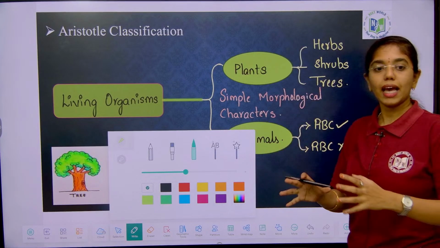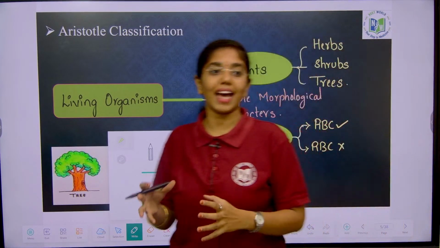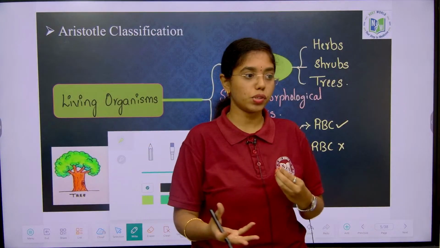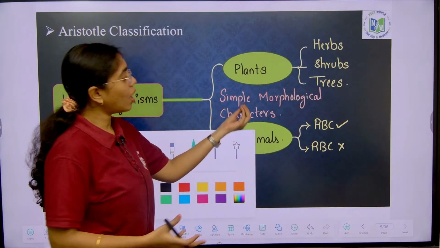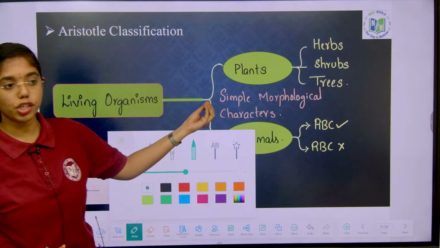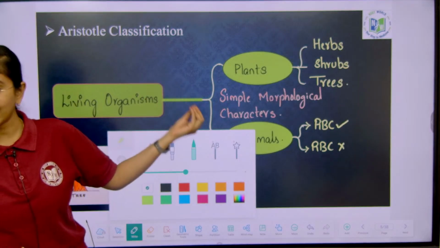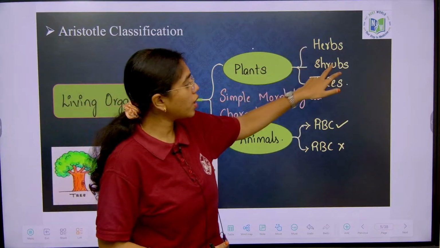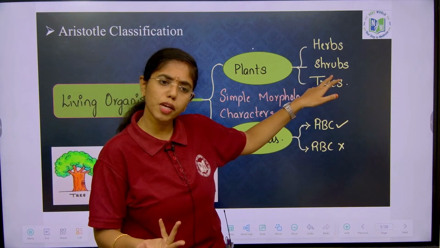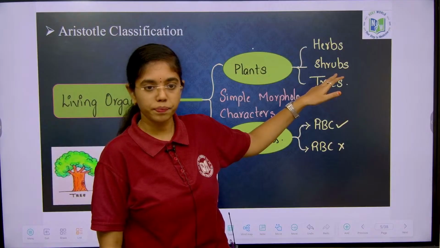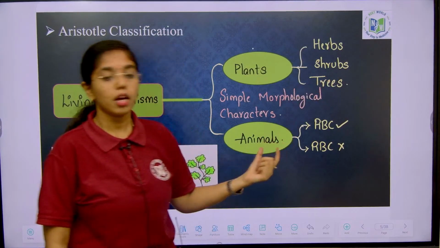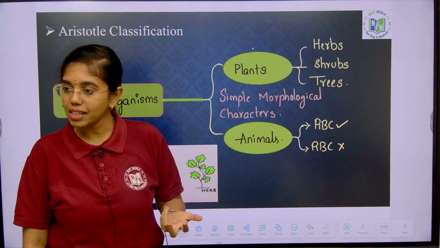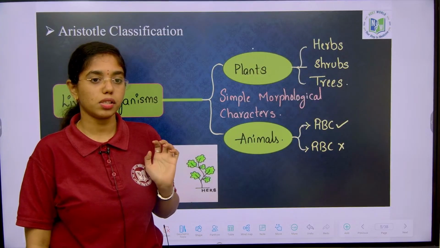After that, he looked into the morphological characters, the phenotypic characters present. Based on gross morphological features, he classified plants into herbs, shrubs and trees, in simple terms based on the length of the plant. And animals based on the presence or absence of red blood cells.